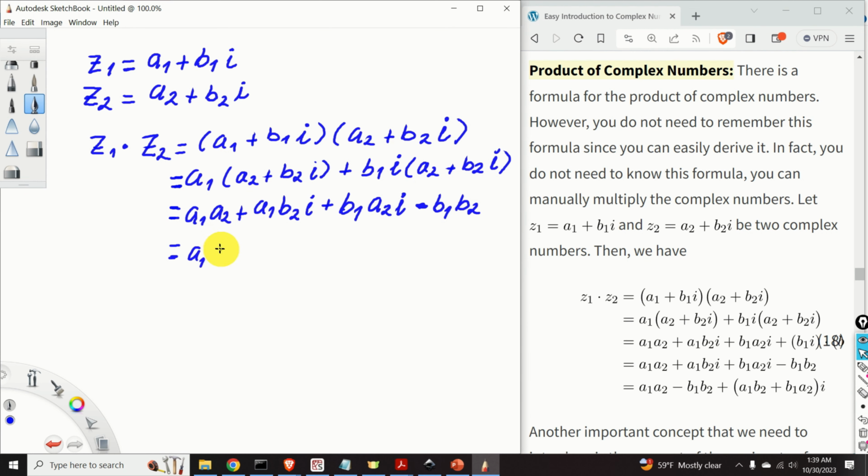We have a1a2, then another real part, minus b1b2, plus, let's see the imaginary parts, a1b2 plus b1a2. And that's it. That's the formula. Over here you can see the formula once more written nicely: a1a2 minus b1b2 plus a1b2 plus b1a2 multiplying i.